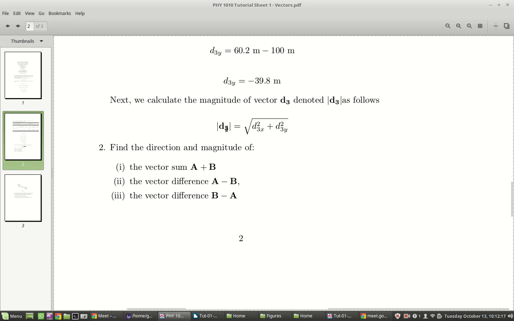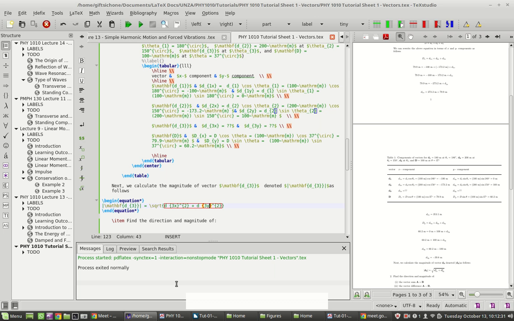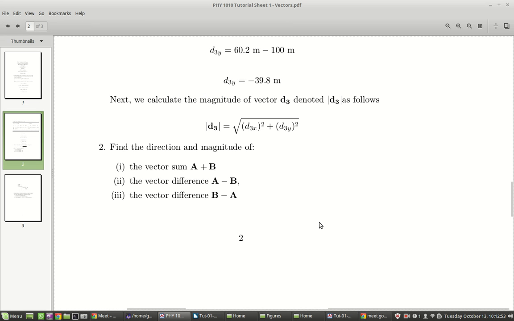That's how we get the size. The size of a vector, in this case D3, which we want, is going to be equal to the square root of D3x squared plus D3y squared.